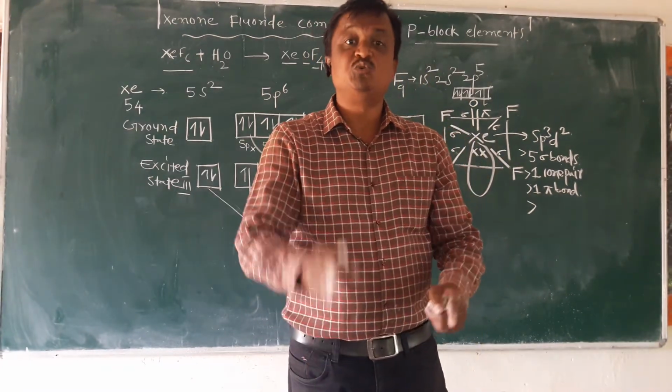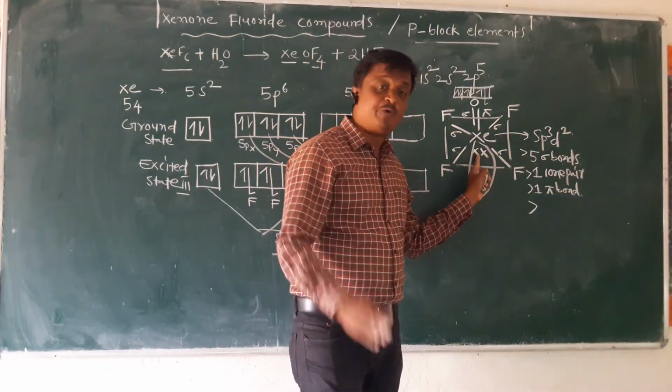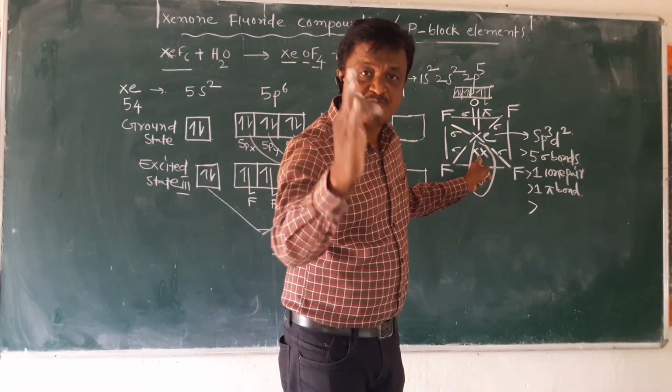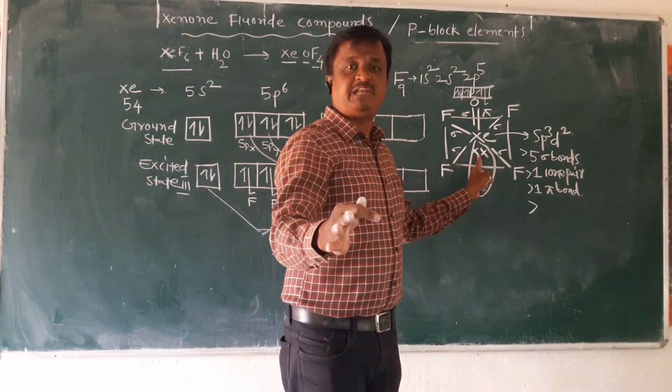The structure name is square pyramidal, due to VSEPR theory, due to the lone pair of electrons.